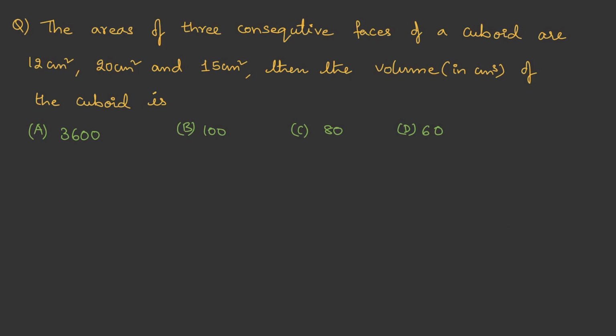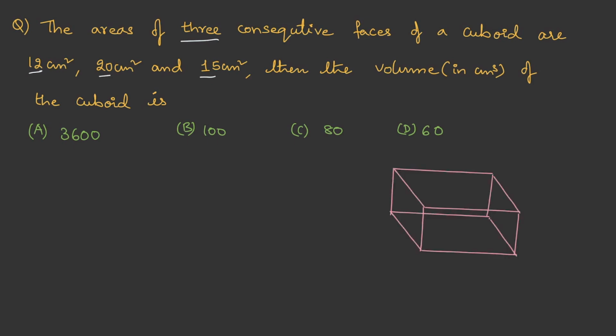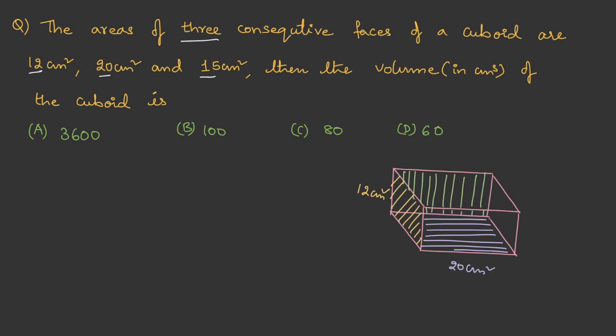The areas of 3 consecutive faces of a cuboid are 12 cm square, 20 cm square and 15 cm square. Then the volume in centimeter cube of the cuboid is. To understand this, let's draw the diagram. Let's assume this is the cuboid. One of the side areas is 12 cm square, the other one is 20 cm square, and the last one 15 cm square.